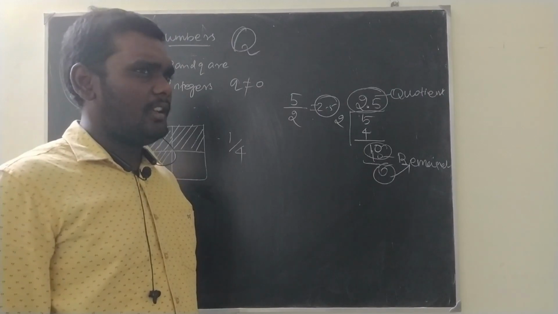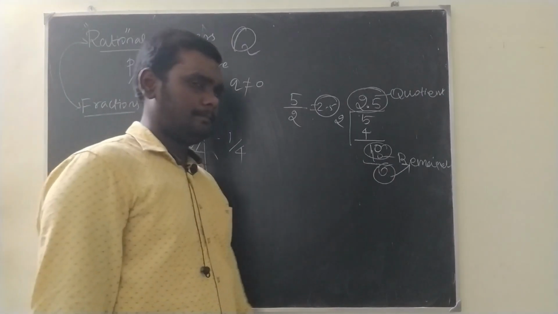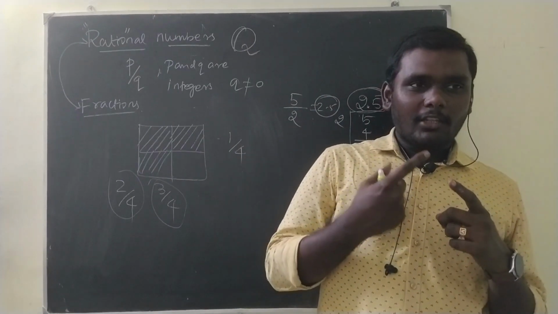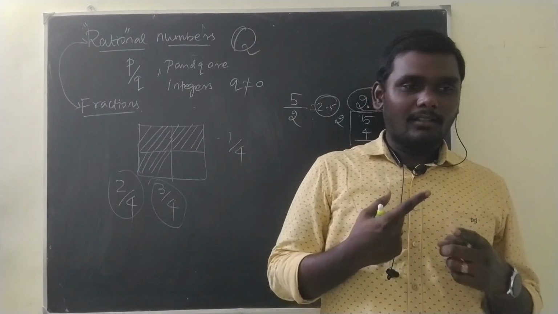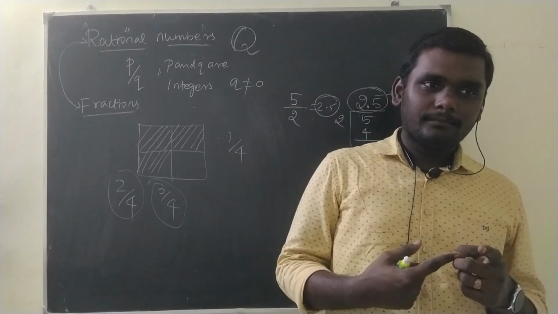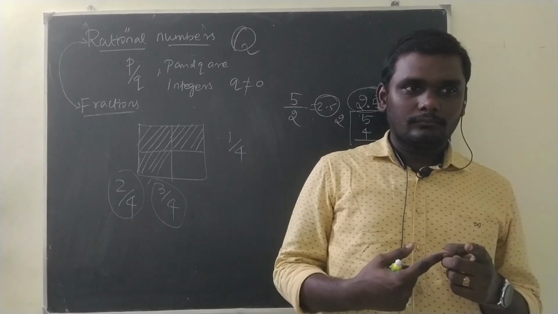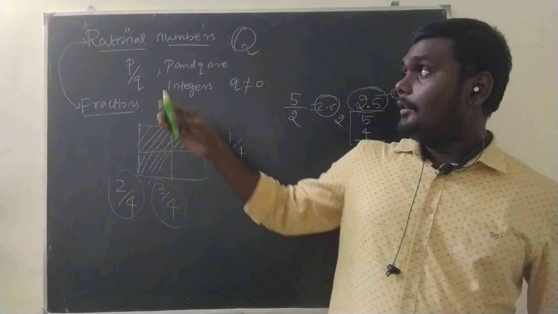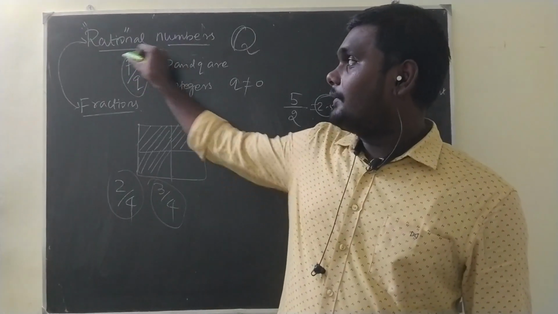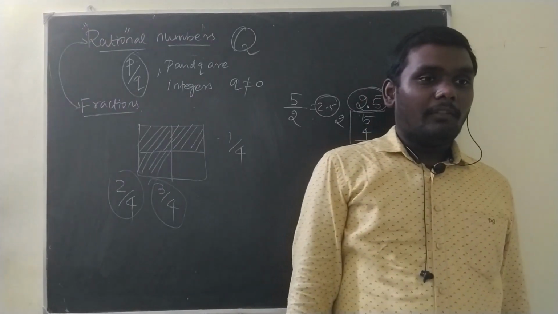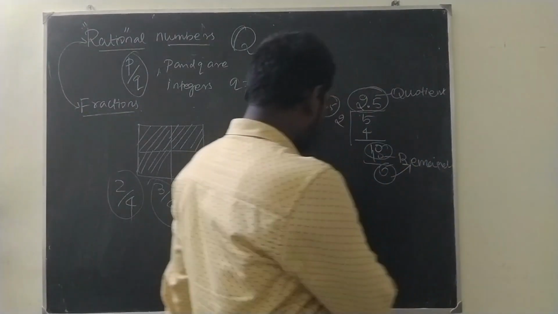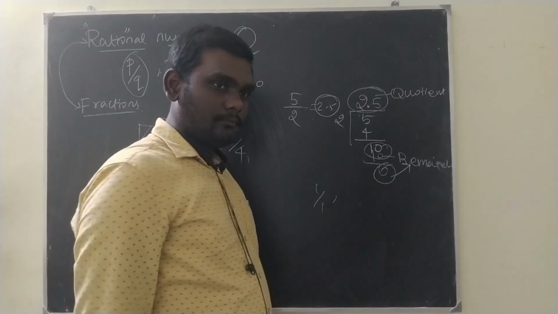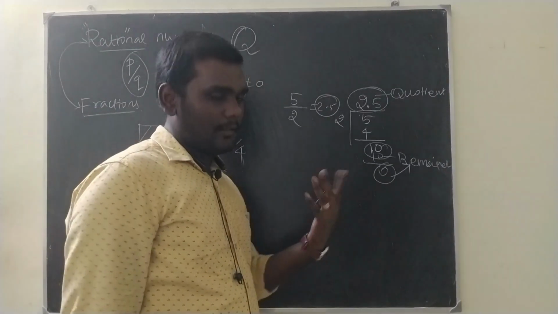Now again we'll compare. See, all the natural numbers are rational numbers. Shall we say? Why? Because all the natural numbers can be written in the form of P by Q. When you say 1, we can write that as 1 by 1, because division by 1 is the same number.